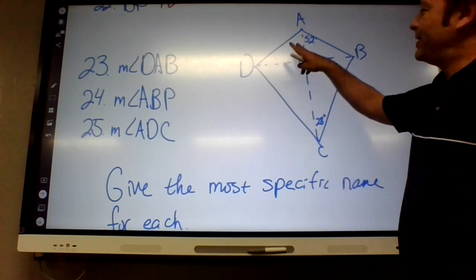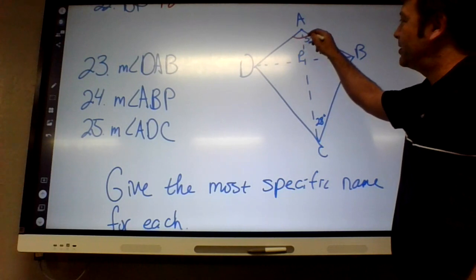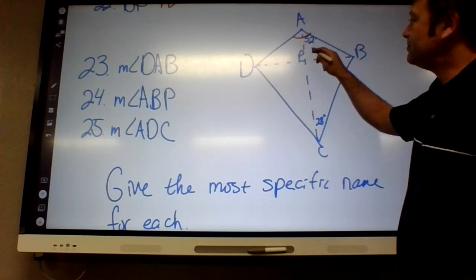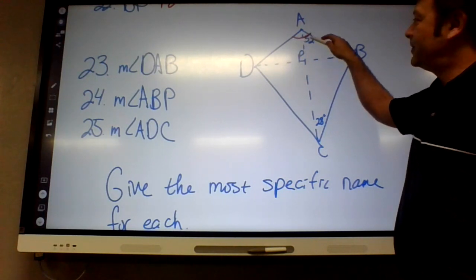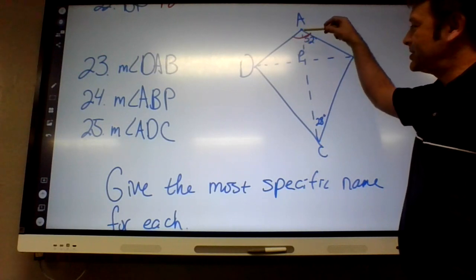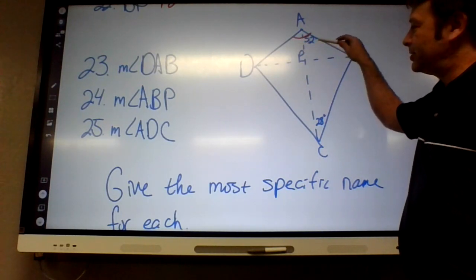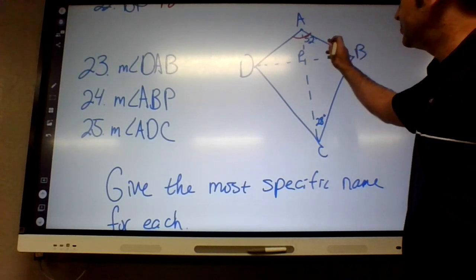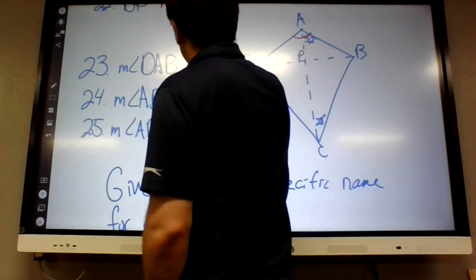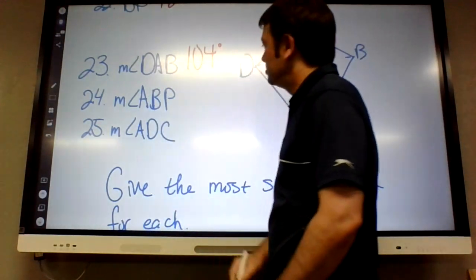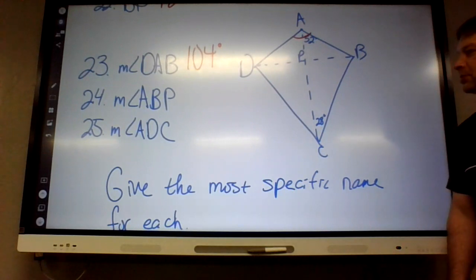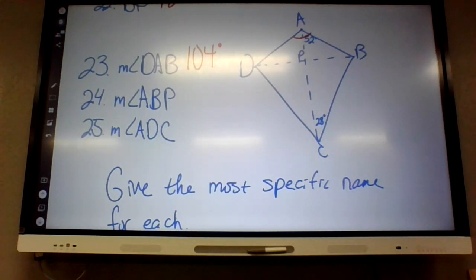Okay, so angle DAB right here, what would that have to be? Yeah, 52, 52. Basically, all these triangles that look congruent are congruent. So those are both 52, so it's 104. That's 52 plus 52.